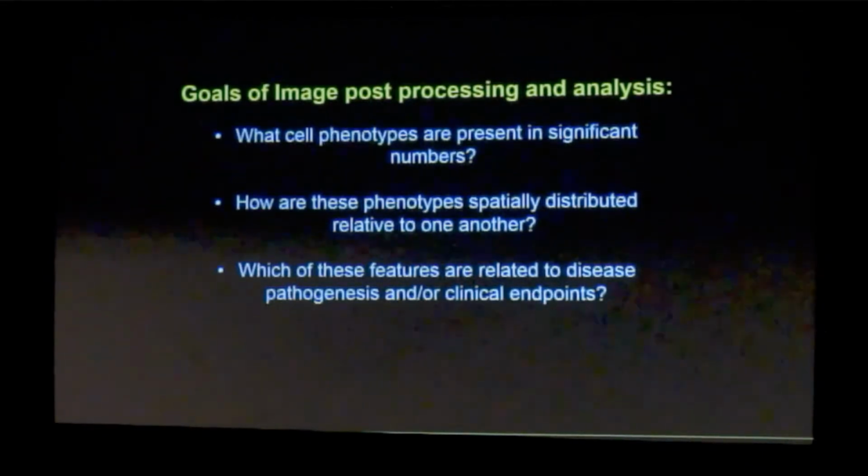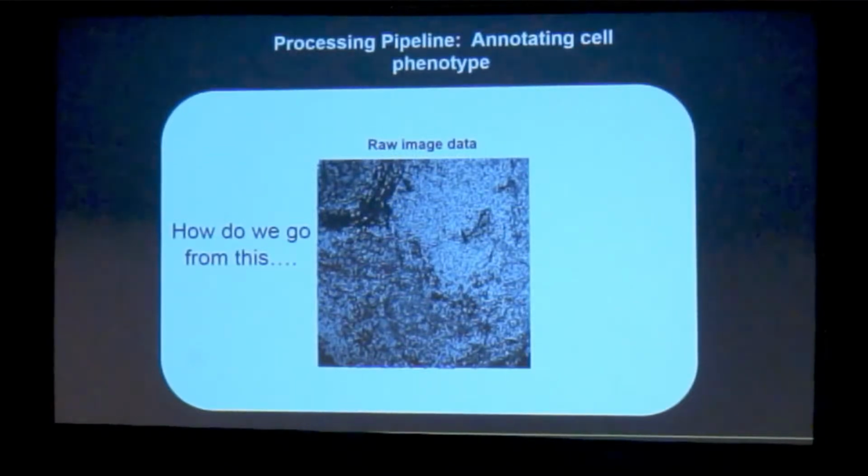The first thing we want to do is define which cell populations we feel are functionally important and are there in significant numbers. How are they spatially related to one another? And lastly, how do these relate to clinical endpoints?